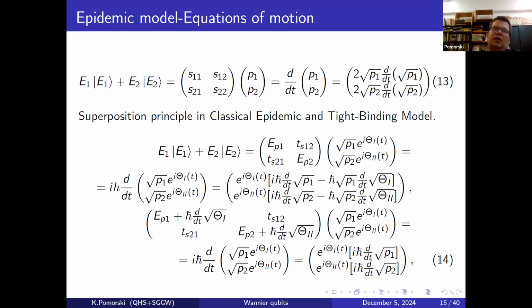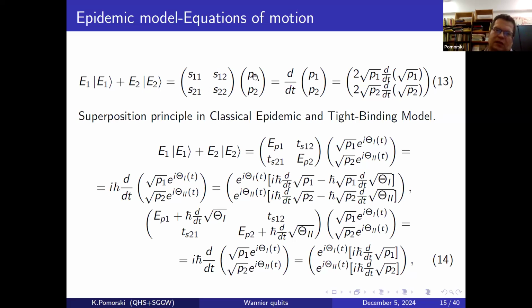So now let me describe shortly the procedure of how to move from the epidemic model into the Schrödinger equation, or more exactly into position-based qubits. What I'm calling the most simplistic epidemic model is a matrix that can be time dependent or time independent.